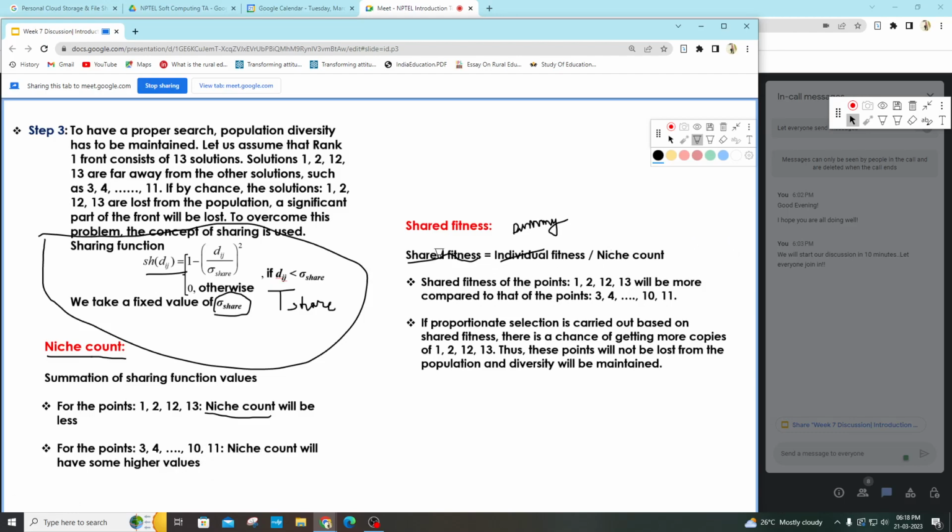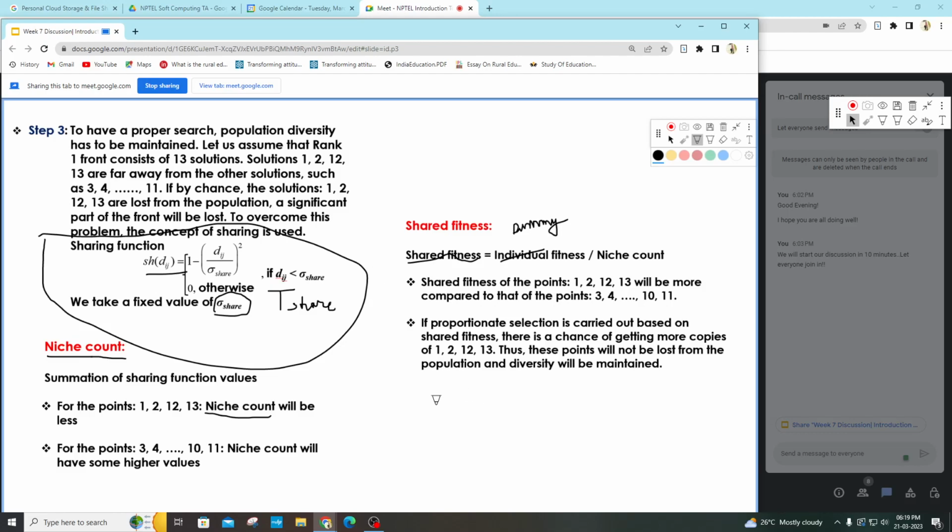So if we increase the niche count, the shared fitness is less, whereas for 1, 2, 12 and 13 the niche count is less, so shared fitness will be more. Now if proportional selection is carried out based on the shared fitness, there is more chance of getting more copies of 1, 2, 12 and 13. Thus this will maintain population diversity.